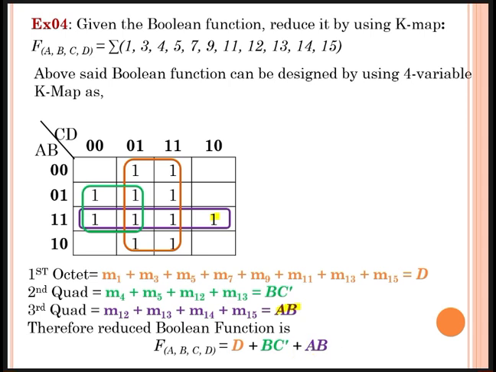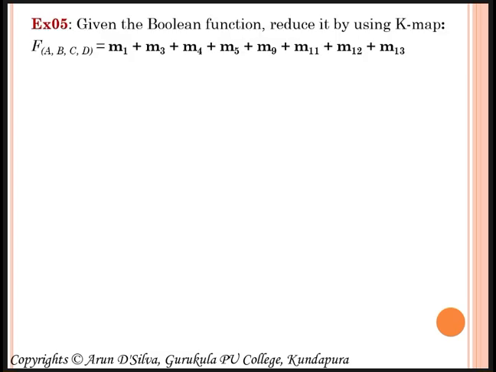Going forward, one more example. Given the Boolean function, reduce it by using K-map: f of ABCD equal to m1 plus m3 plus m4 plus m5 plus m9 plus m11 plus m12 plus m13. Now here in this example, the 4 variable Boolean expression is given in the shortened min term notation.